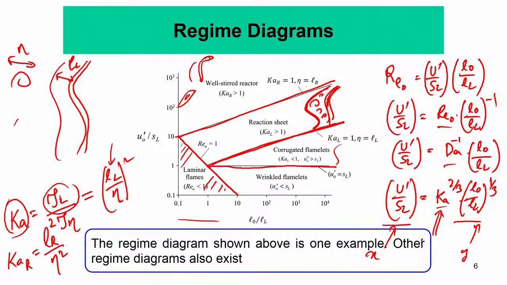Okay. So, that is why this is called the reaction sheet limit, and you still have a convoluted reaction zone, but the internal structure is not disturbed.